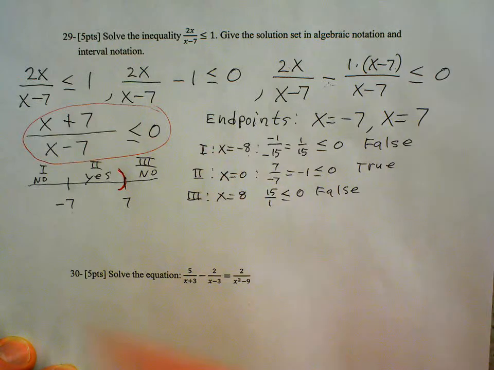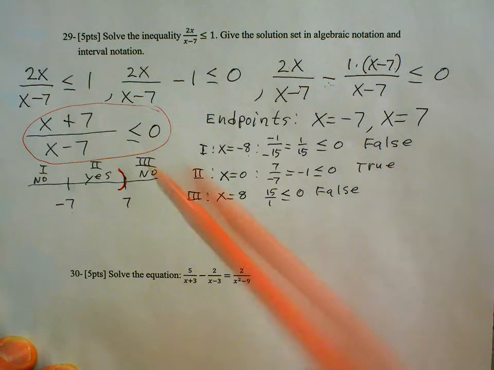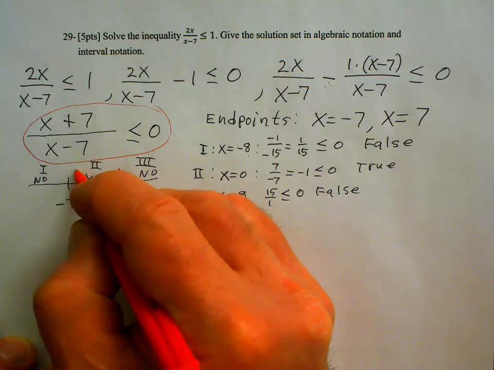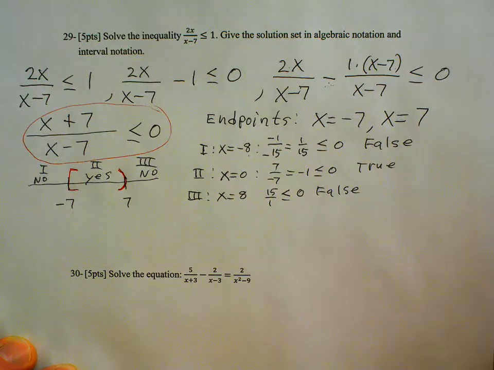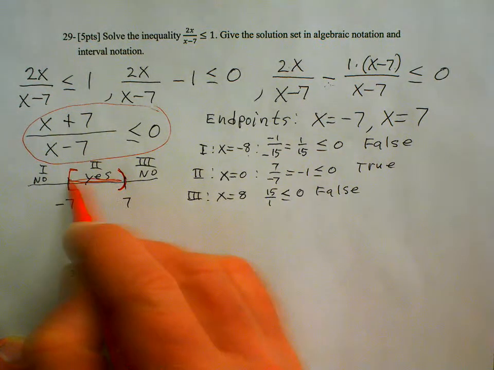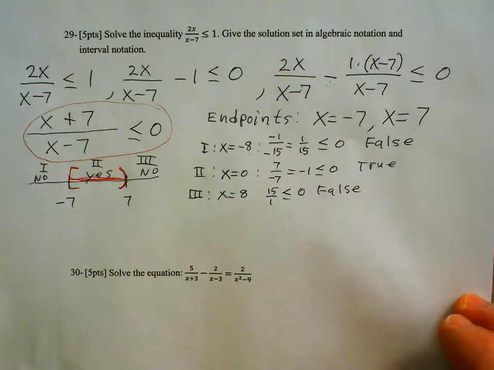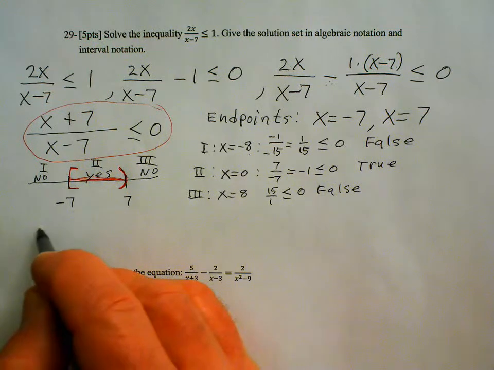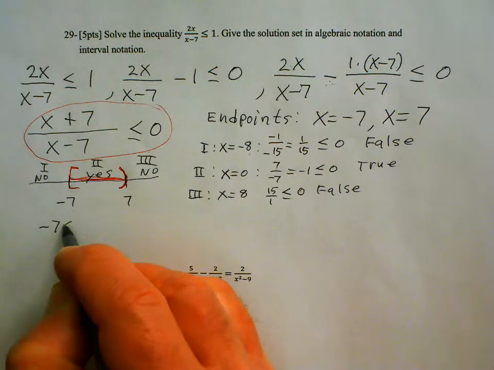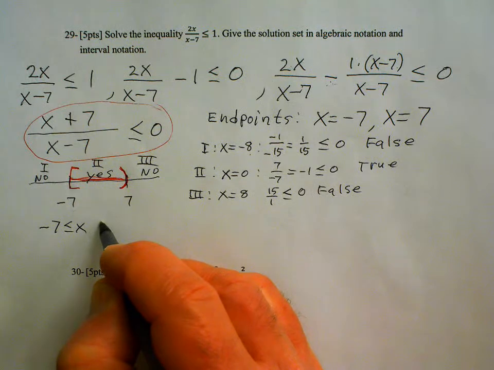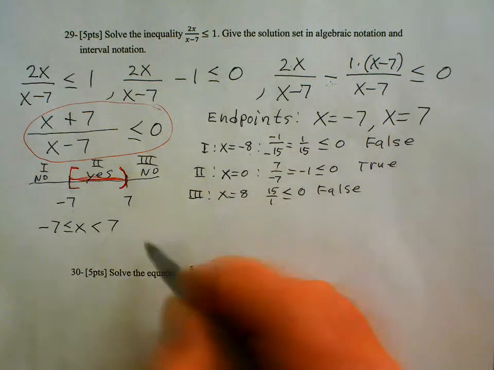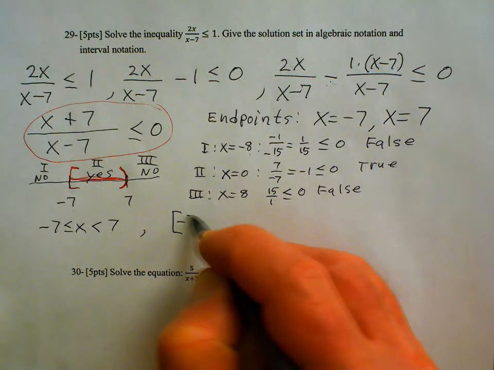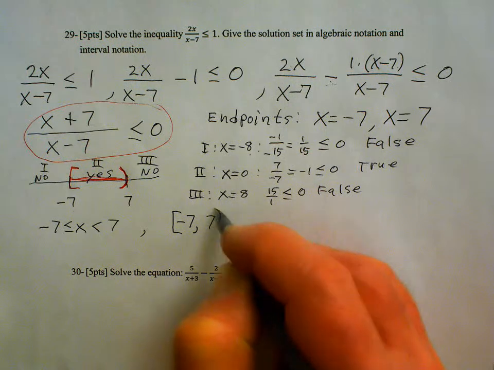But 0 divided by negative 14 is 0. And 0 less than or equal to 0 is true. So we include the endpoint negative 7. And so our solution in algebraic notation is negative 7 less than or equal to x, which is less than 7. And then the interval notation is bracket negative 7 comma 7 parenthesis.